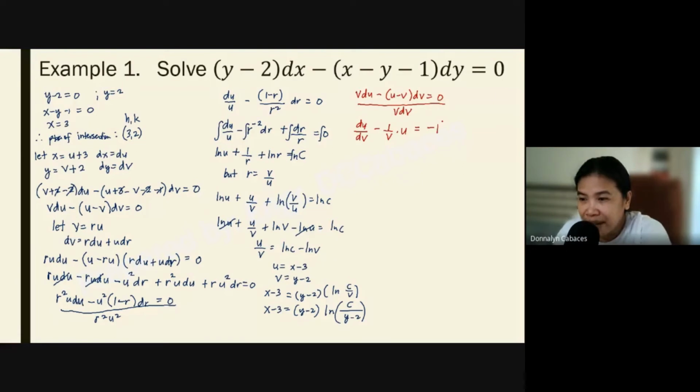So it is linear. This is linear in the variable u. So what is the IF? e to the integral of negative dv over v, or e to the negative ln of v, or this is... is that right?